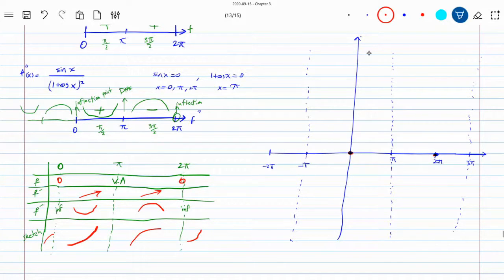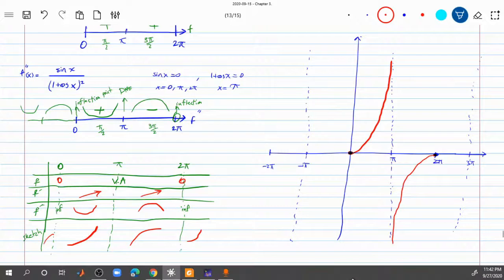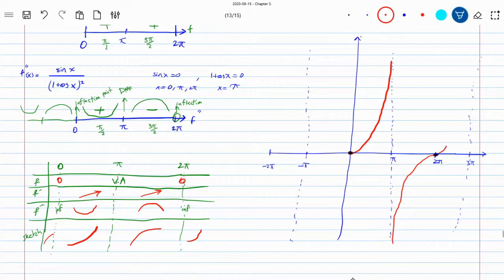Based on the shape, from 0, it should be increasing and concave up toward the vertical asymptote. And on the other side, from the vertical asymptote, increasing concave down. If I could have drawn this better, the concavity was important.